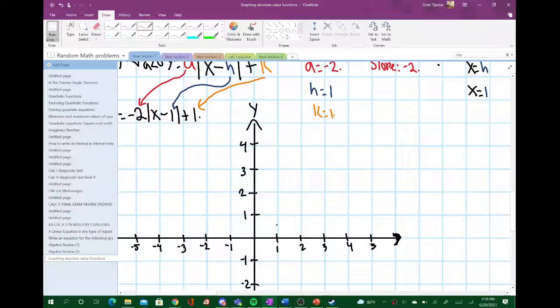So we're going to go ahead and draw a dashed line at x equals 1, right?